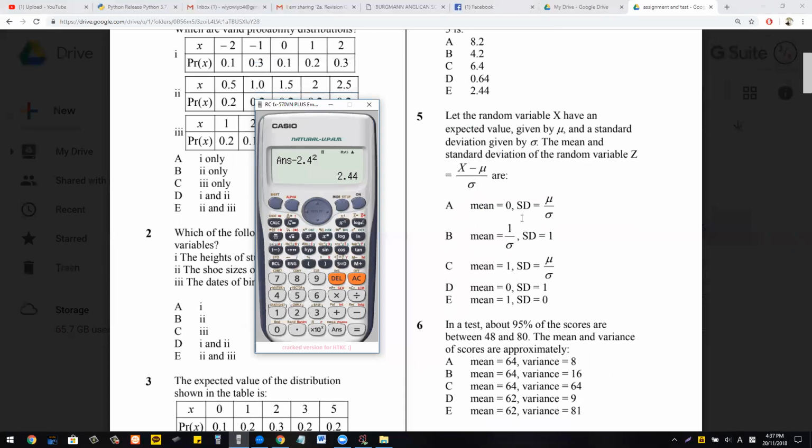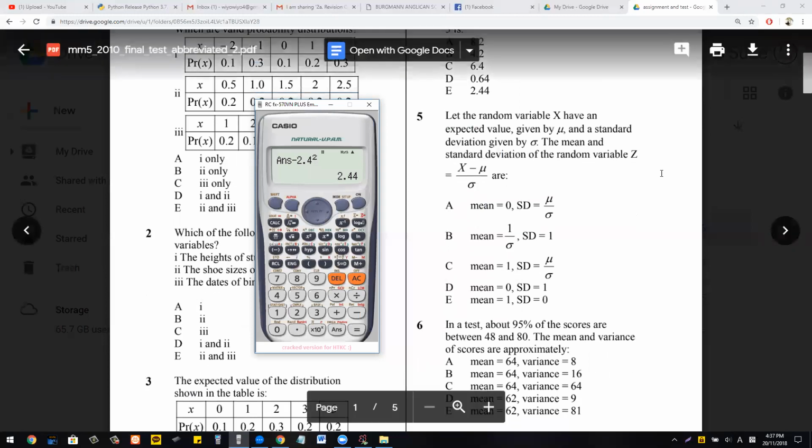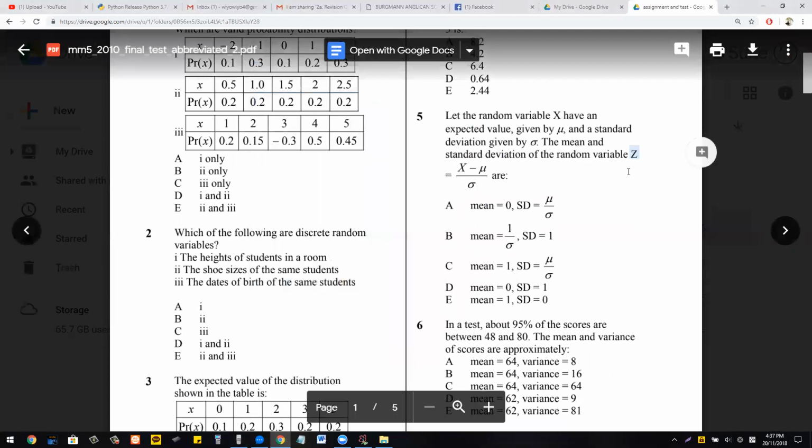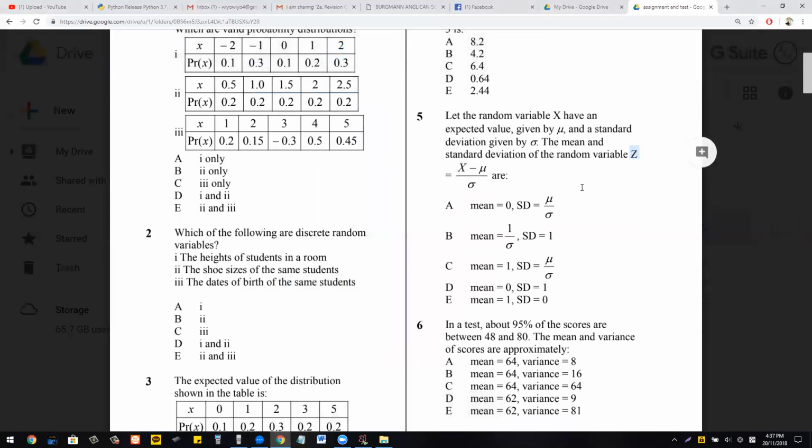Hang on. So what it means is this: when you have the z-score, what's the mean of the z-score, and what's the standard deviation in z-score? Z-score is the measure of the spread. No, z-score is standard variable.